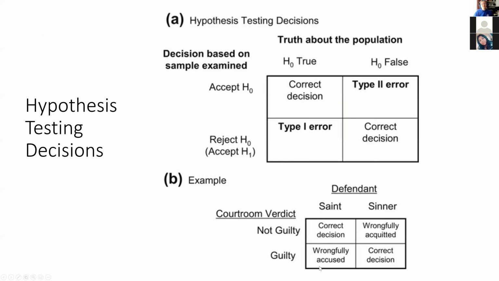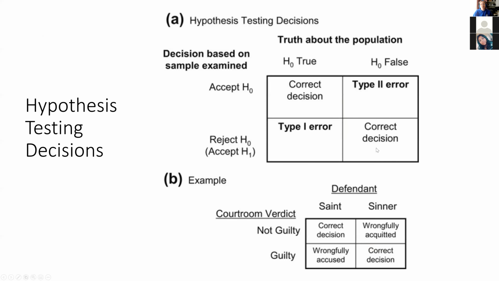You have this other situation, right, where you reject the null hypothesis. If you reject the null hypothesis and the alternative hypothesis is true, you've made the correct decision. And in this case, melatonin levels are going to be affected by monitor use. That would be the correct decision there.